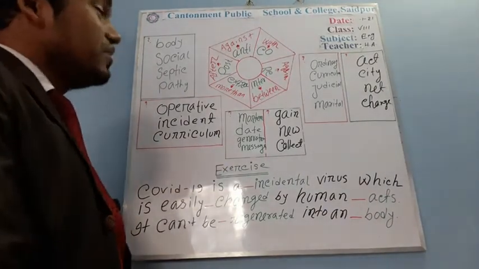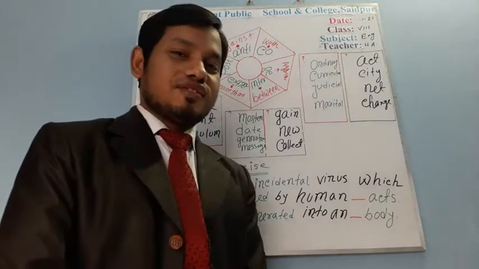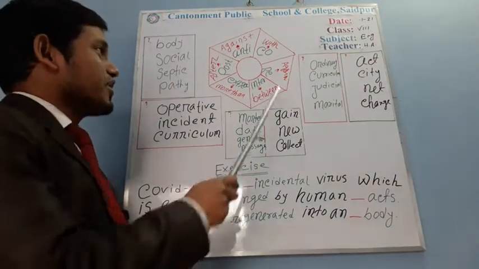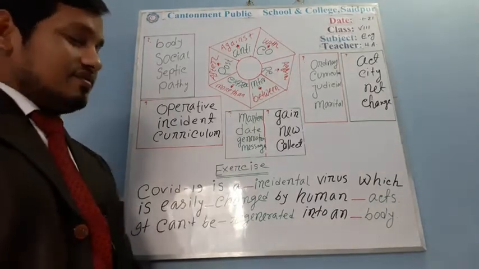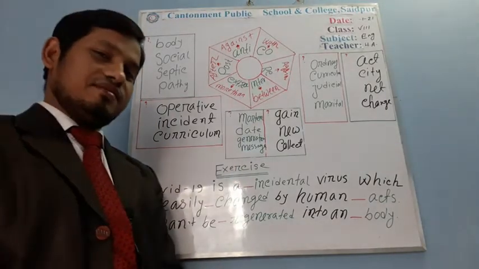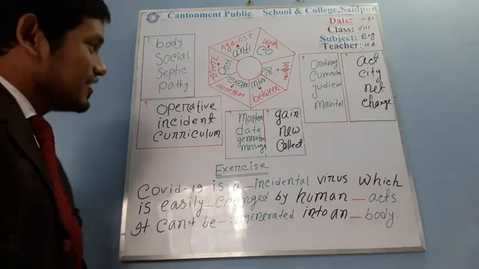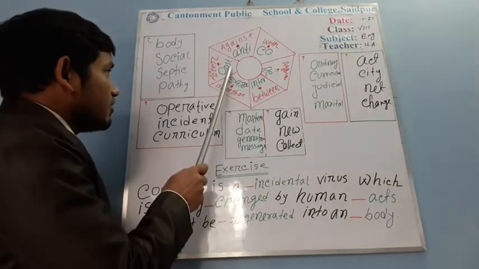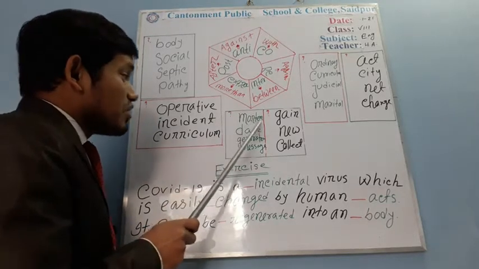Please think for a while about which one is correct, re or post. Kevin, think for a while. Yes, thank you for your better thinking. Learners, here we can use post-mortem.